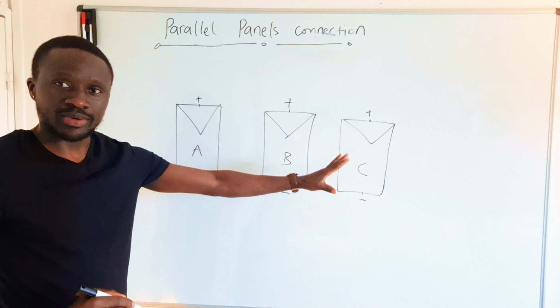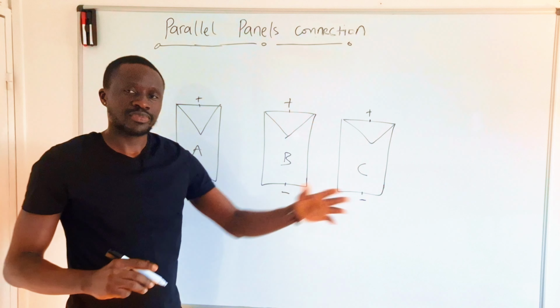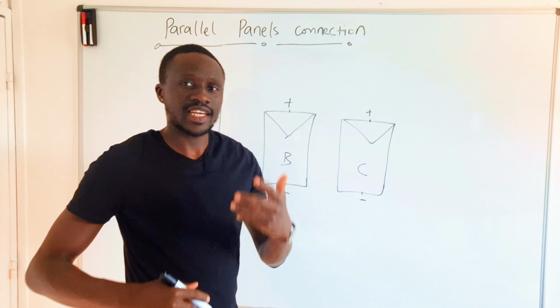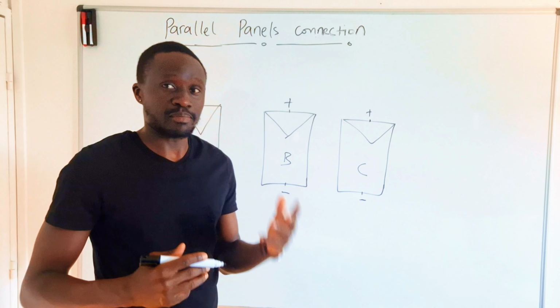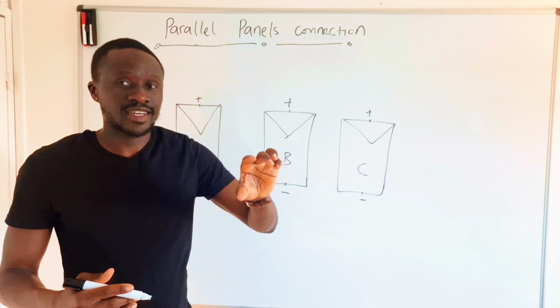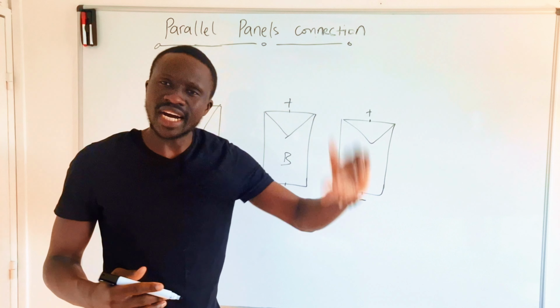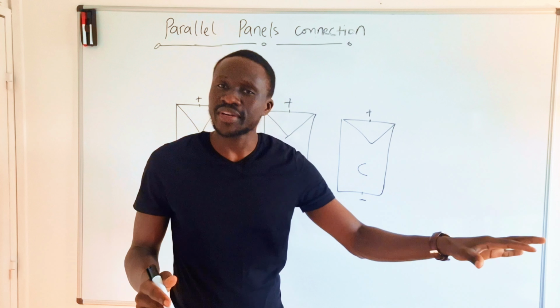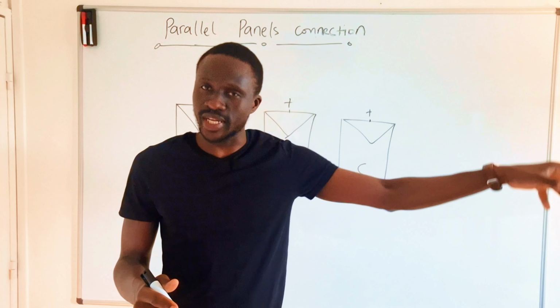These are our solar panels, three of them. We want to connect them in parallel. Remember I said the logic behind connecting in parallel is we want more current, because our system is not working well. So we need more current so that our system will work well.